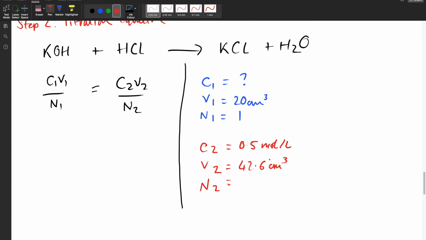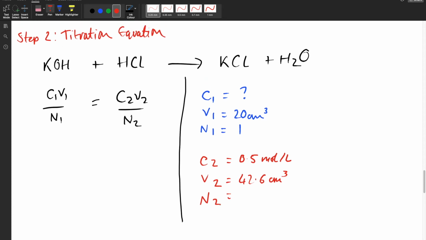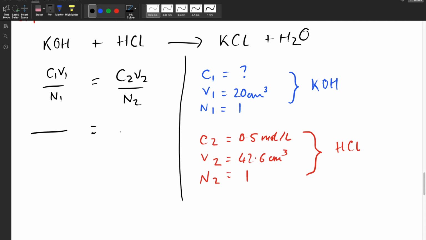Okay, we also know one last thing from this equation here. We know our N2 is also 1. So remember, all of that stuff there is talking about your HCl, and all of this stuff here is talking about your potassium hydroxide, your KOH. Our next step is we just have to put the numbers into our equation like we did before.